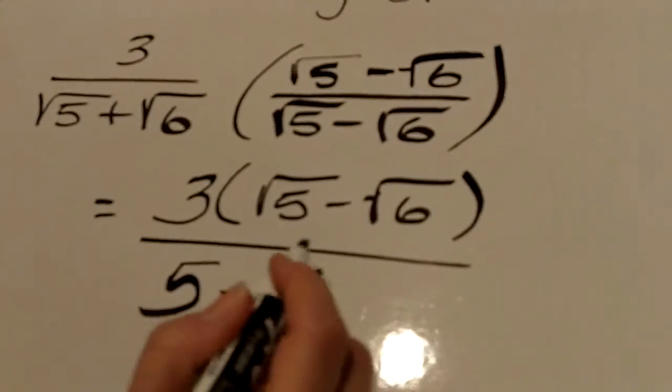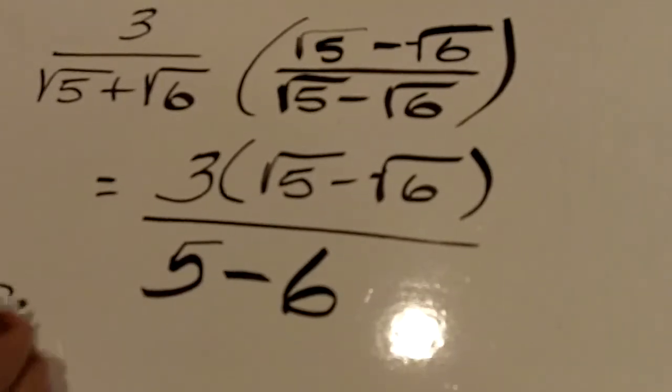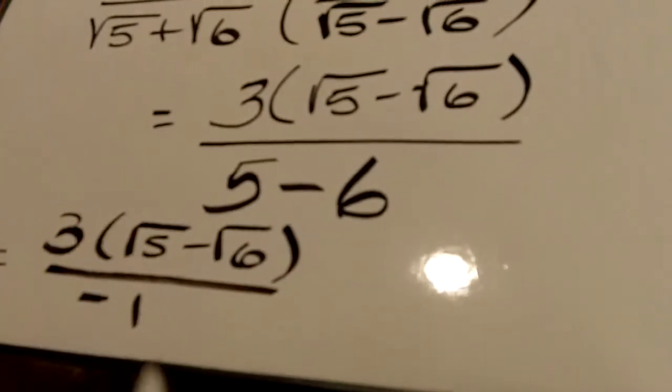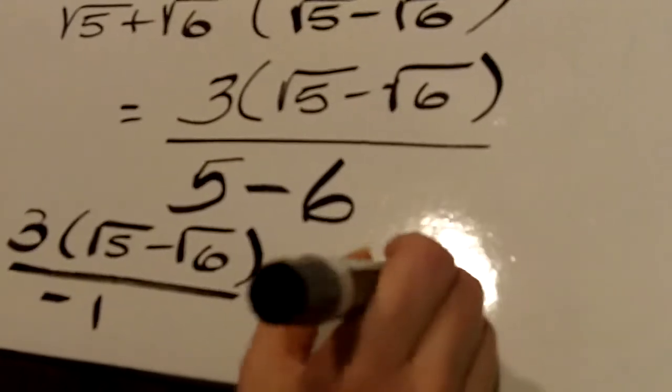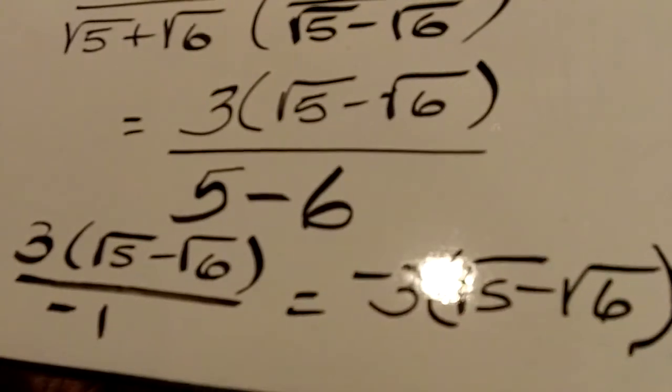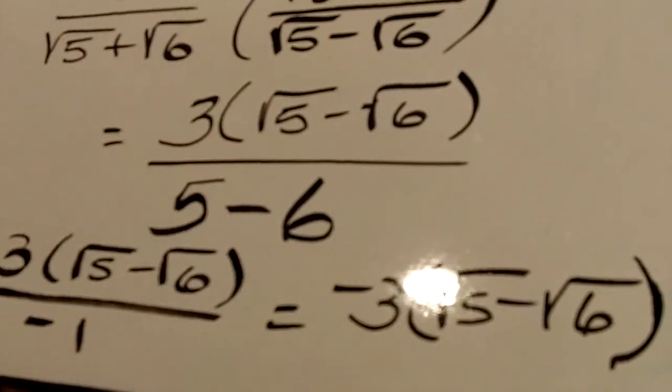So you simplify to 3 times the square root of 5 minus the square root of 6 over negative 1, or negative 3 times the square root of 5 minus the square root of 6. Rationalized, not rationalized.